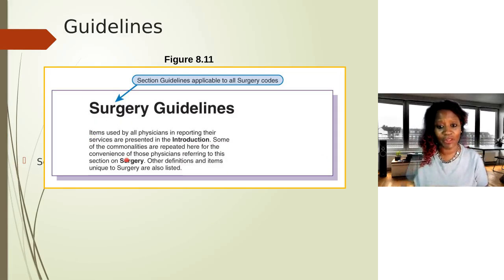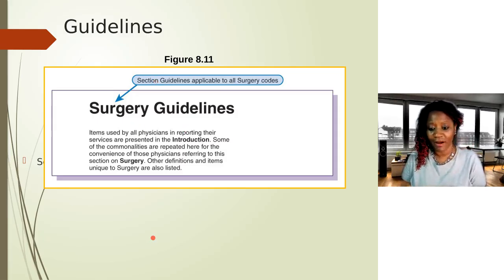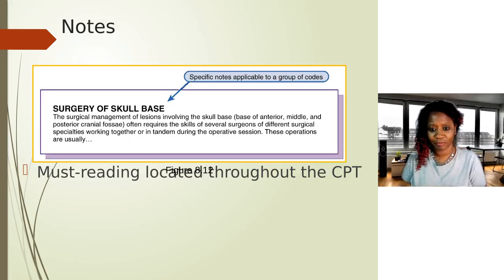So, for example, this section, which is at the beginning, is letting us know that items in this section can be used for reporting all physician-related services, and also some other commonalities are repeated here for convenience of those physicians referring to the section of surgery. Other definitions and terms that are unique to surgery are also listed here in this section for the surgery guidelines. So again, they'll be at the beginning of each section.